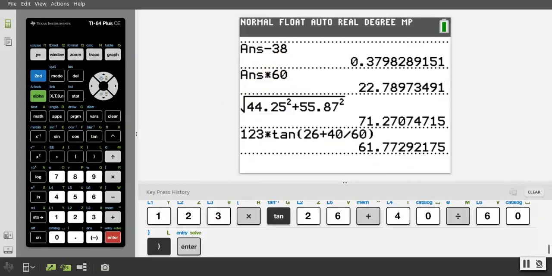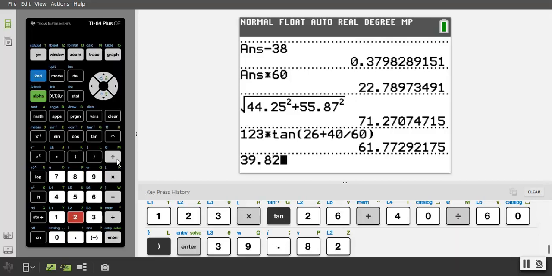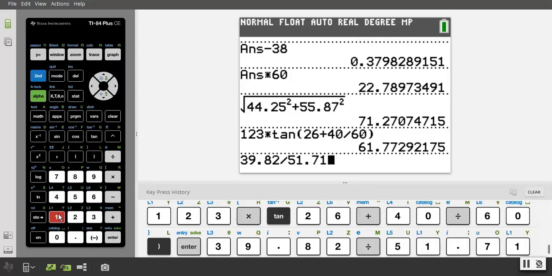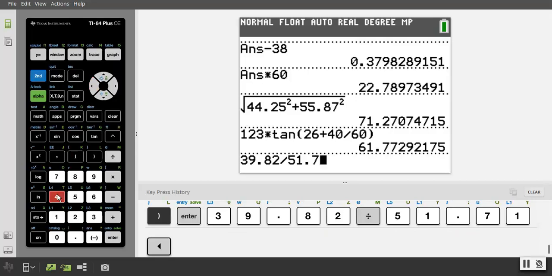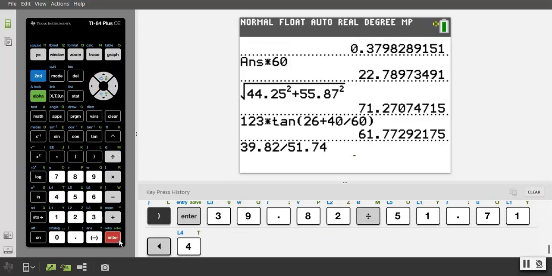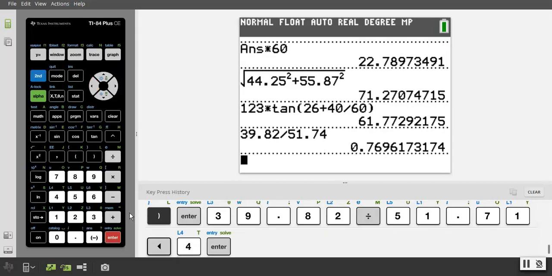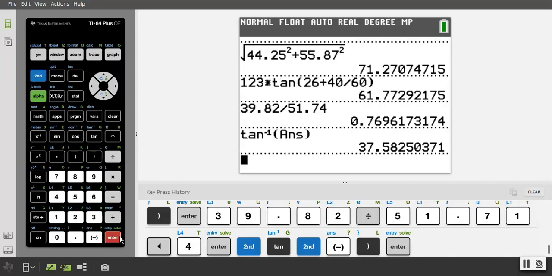So in that case, all that we have to do is just figure out what theta is using our calculator. Now, in this case, we have 39.82 divided by 51.74. Okay, so I went ahead and just did the computation. So tangent inverse of that answer, and then hit enter.